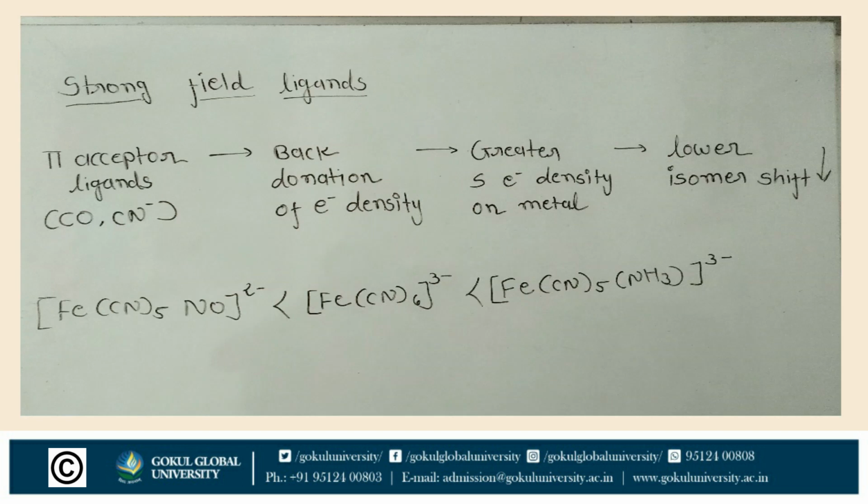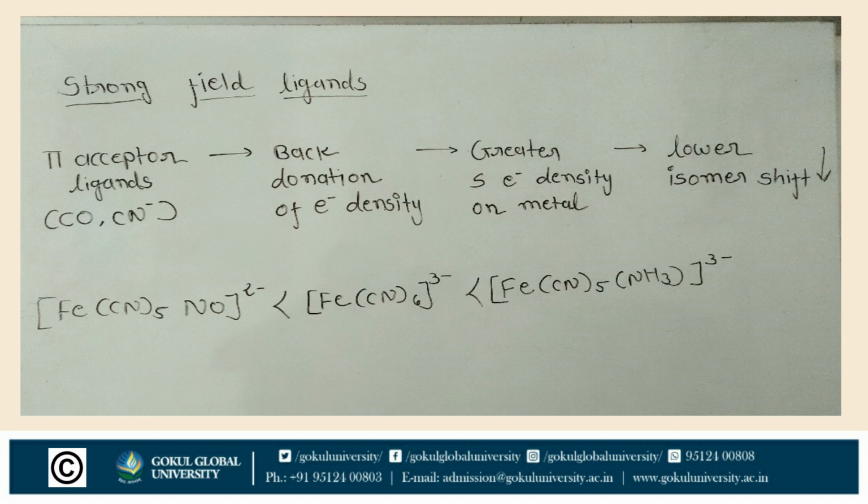Now we see another factor that affects the isomer shift, that is the nature of ligands, whether it is a strong field ligand or a weak field ligand. In the case of strong field ligands, which are also known as pi acceptor ligands, such as CO and CN-, these ligands have a tendency for back donation of electron density.